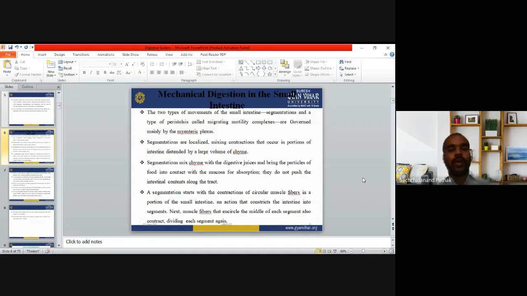Segmentations are localized mixing contractions that occur in portions of the intestine distended by a large volume of chyme.